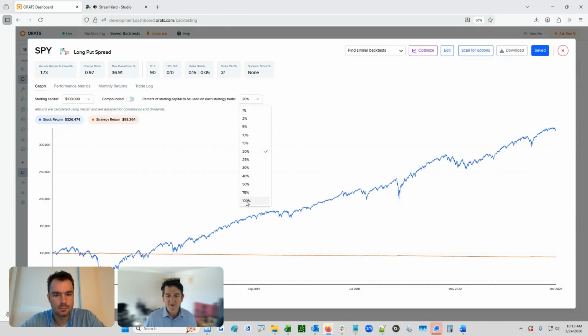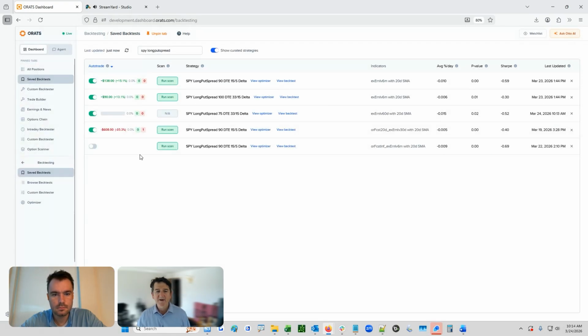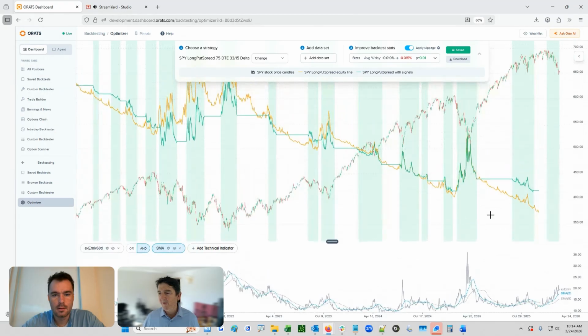It's hard to see, but actually, this one. This is what we want to see. The reason it's not all the way up is we update it periodically.